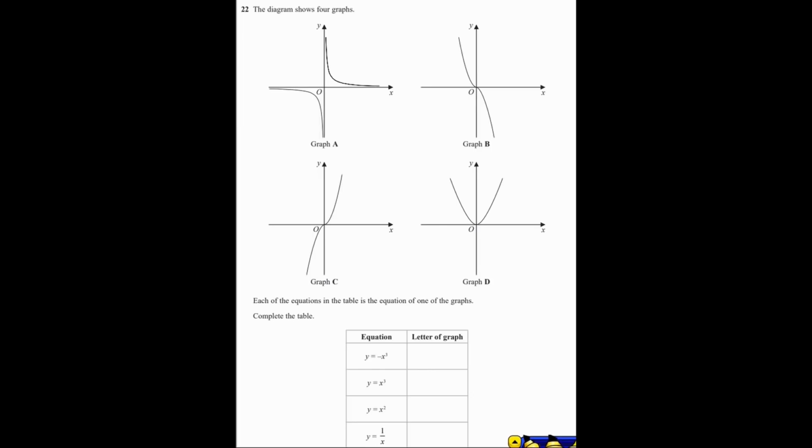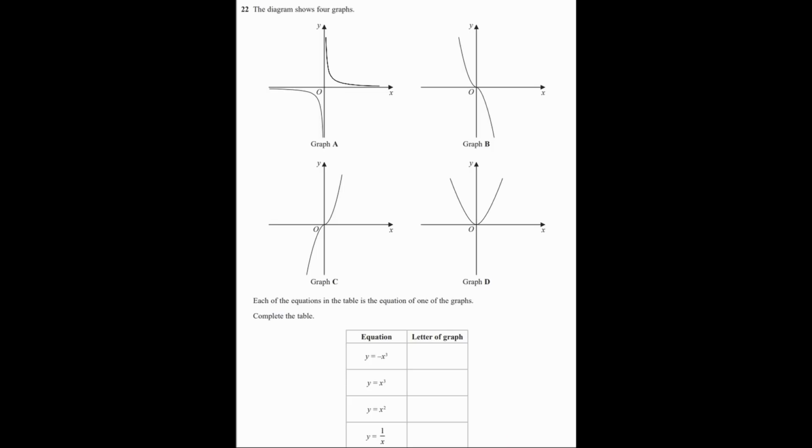Question 22. We have 4 graphs, we have a table at the bottom which gives the equation of 4 graphs, and we have to match one of the graphs to the box below. Now, this isn't something I can give you a rule for or give you a method, because unfortunately this is one of those situations where you simply have to remember what these graphs look like.